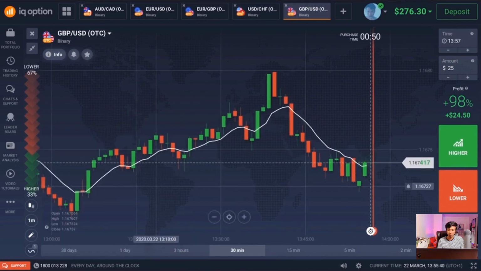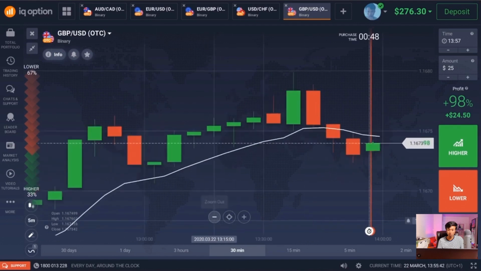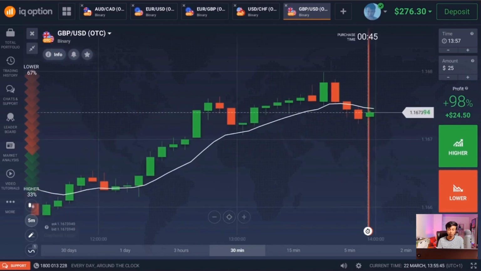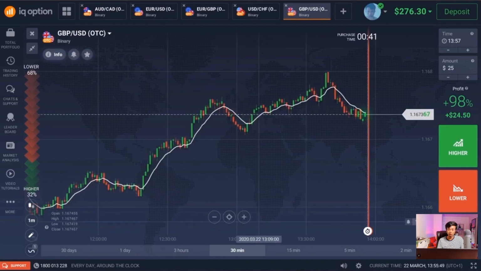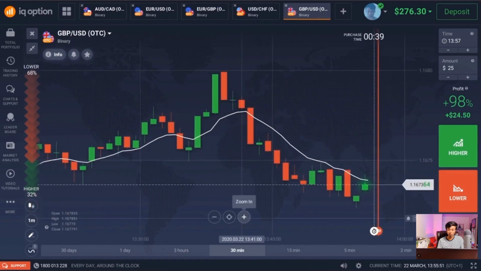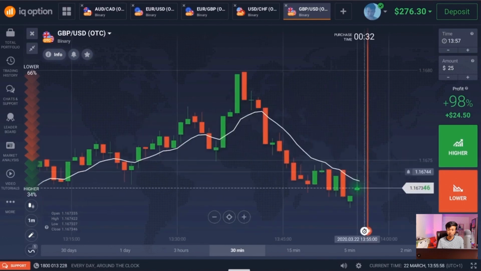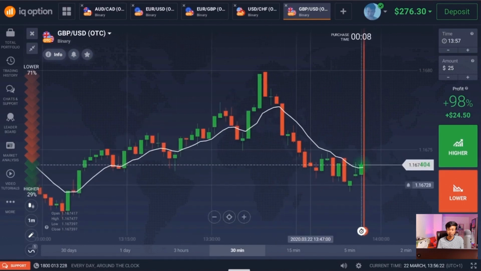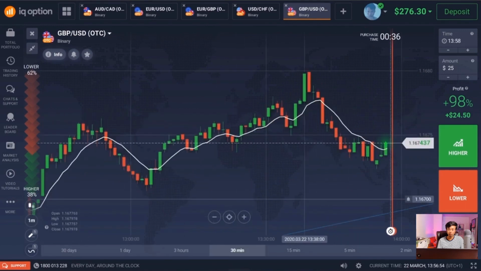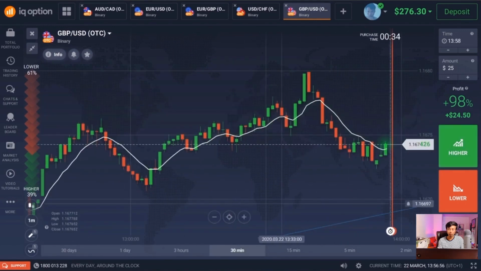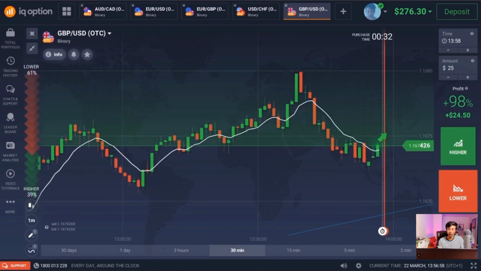That is not a good go if I go, because it is going against the trend. What I do is go accordingly to the trend. This is an uptrend. It's really possible that when this breaks, then I will go on high.